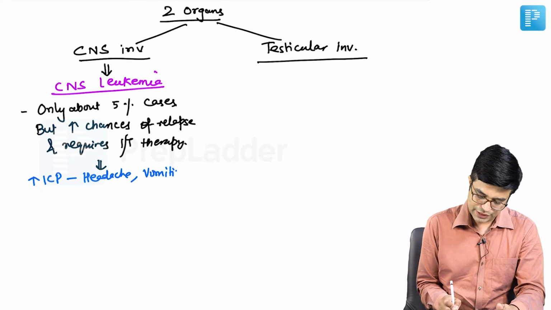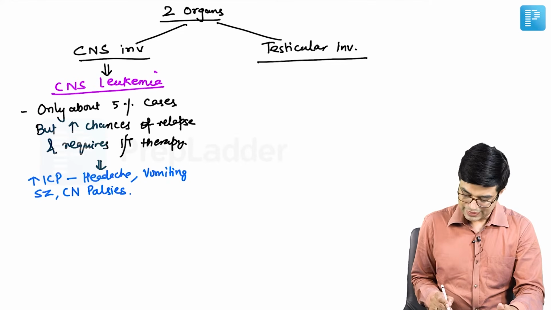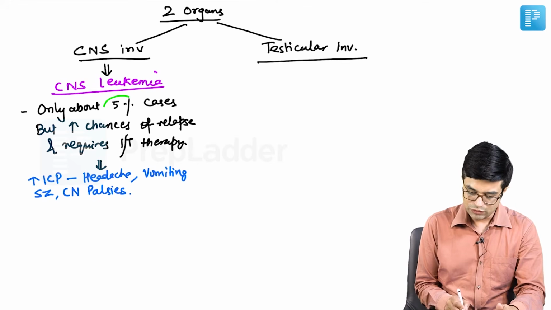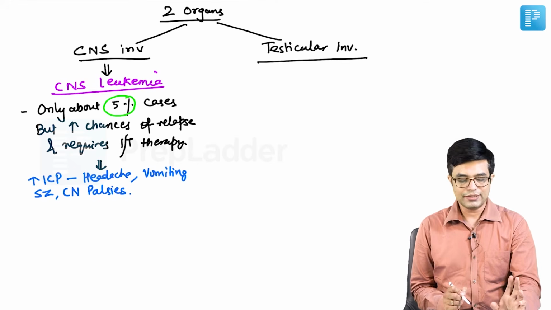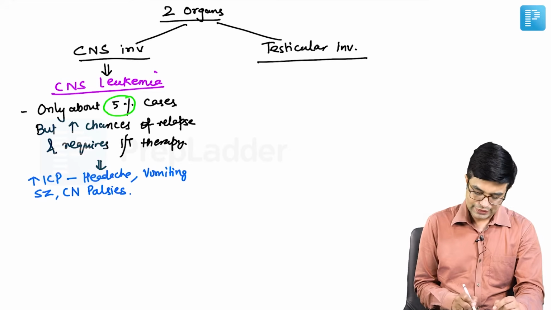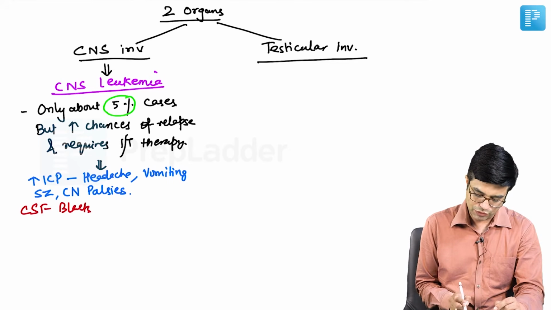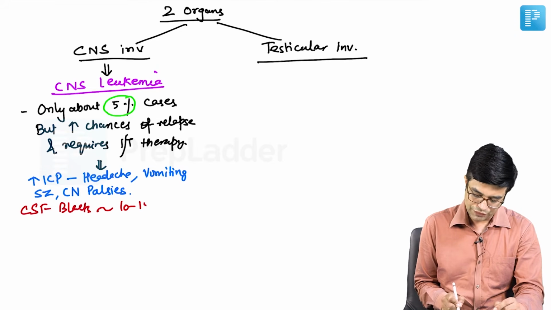There may be seizures occurring in the patient. There may be cranial nerve palsies, etc. Nelson says that although CNS involvement in ALL is seen in 5% cases, CSF blasts may sometimes be found in as high as 10 to 15% cases.